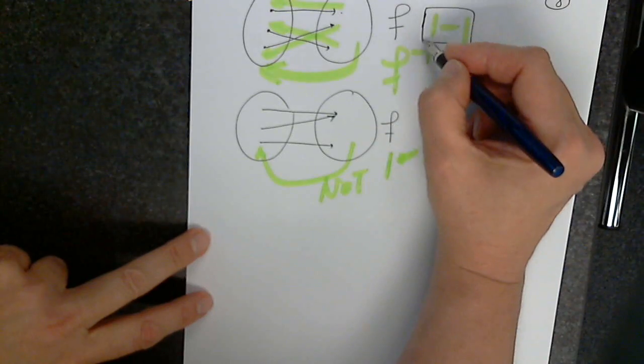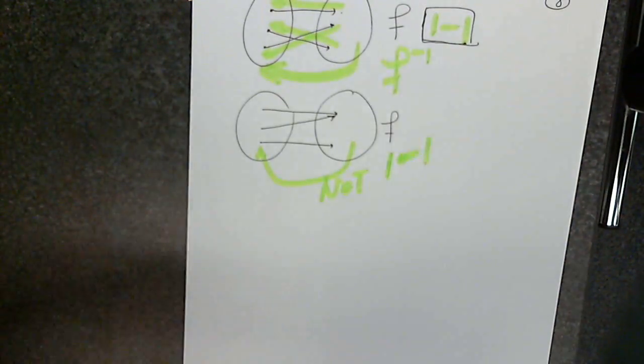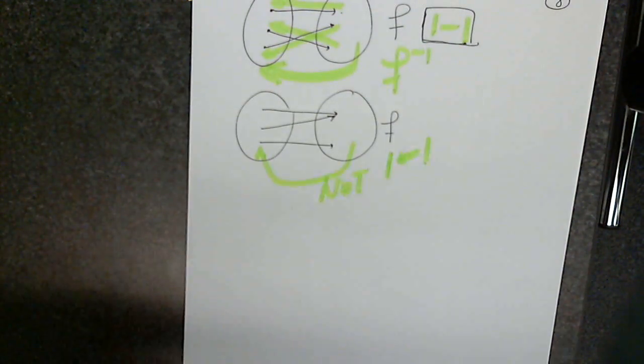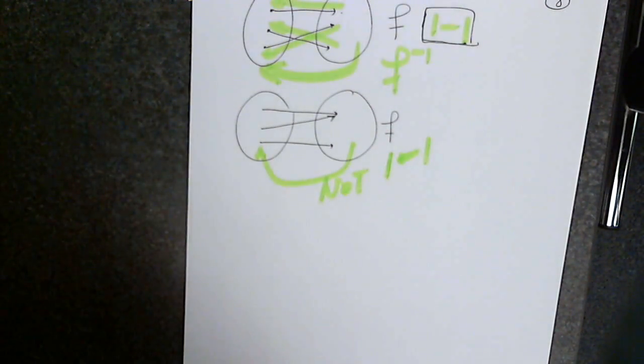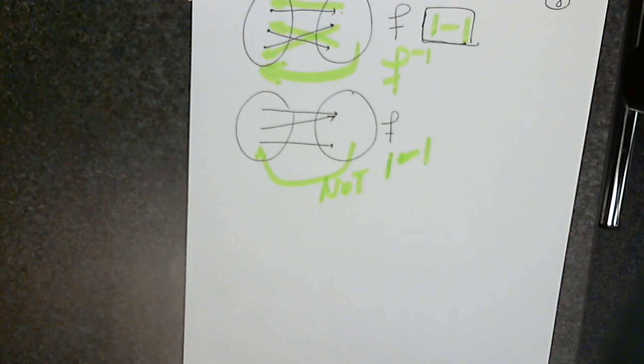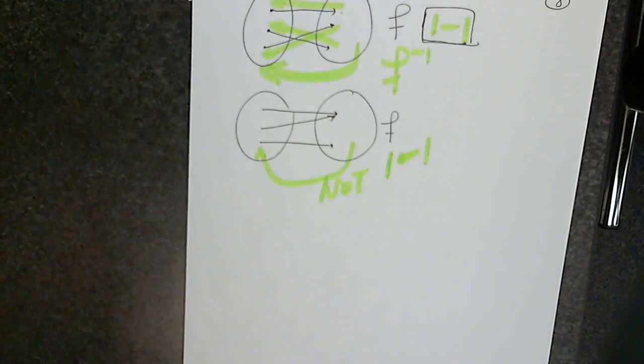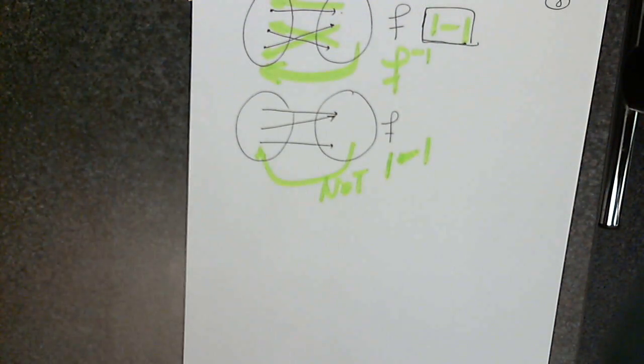In other words, 1 x, 1 y, 1 y, 1 x. Yes, because x squared is not 1 to 1. For this particular y value, I read two different values of x.